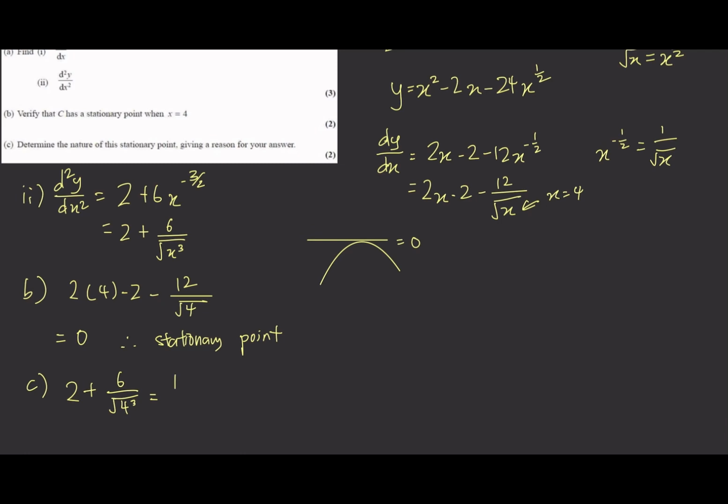You get 11 over 4, which is more than 0, and therefore it is a minimum point. Because when it's more than 0, remember the happy face, we have a minimum.